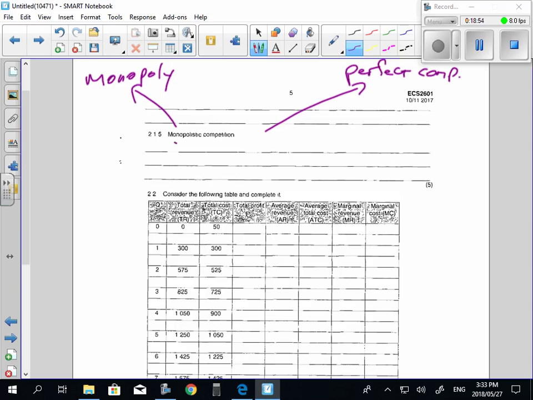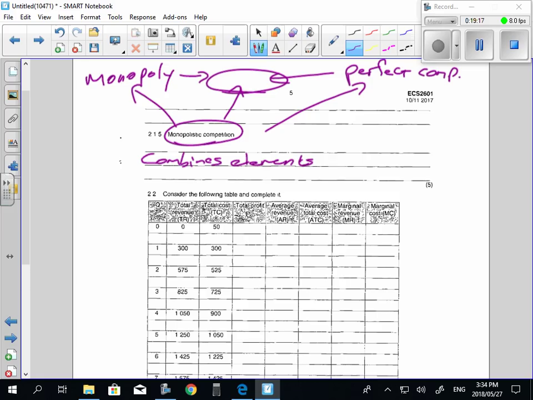Monopolistic competition fits somewhere between, and it combines elements of monopoly and perfect competition.